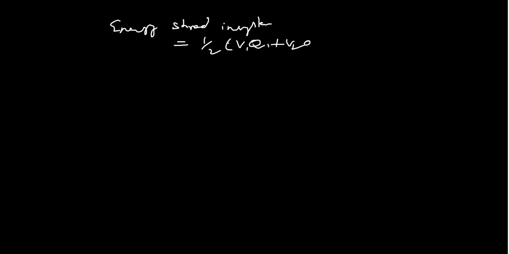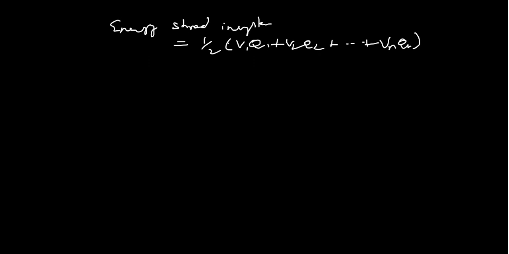Now if you consider a system of n point charges, the energy stored in the system is given by 1/2 (V1 Q1 + V2 Q2 + ... + Vn Qn).